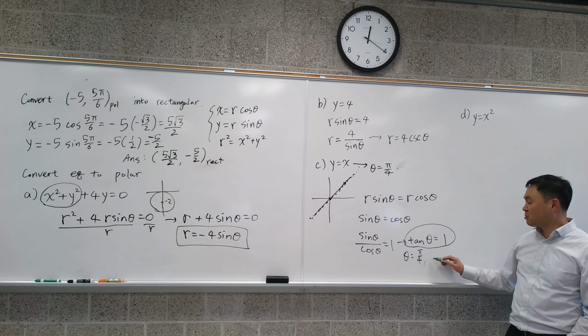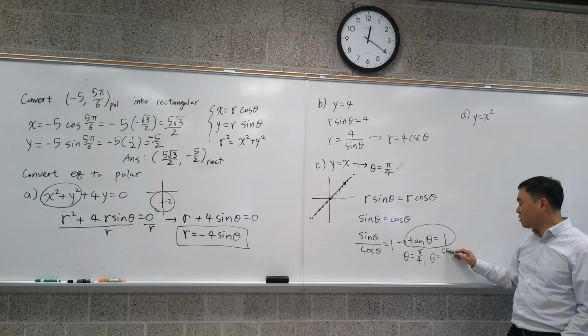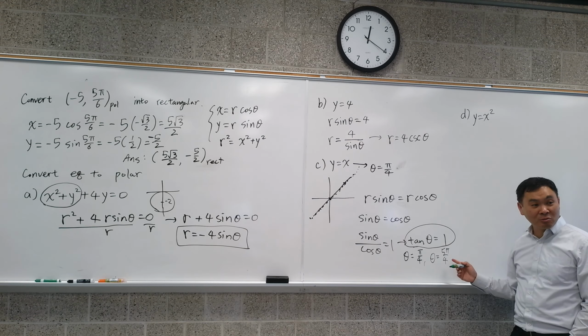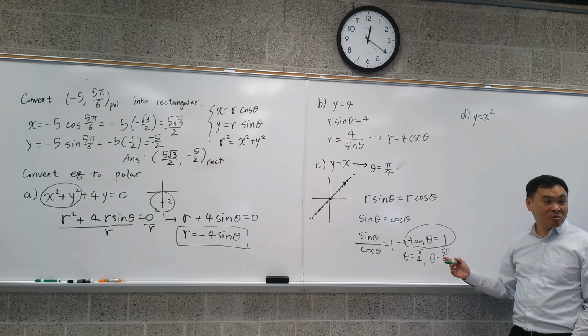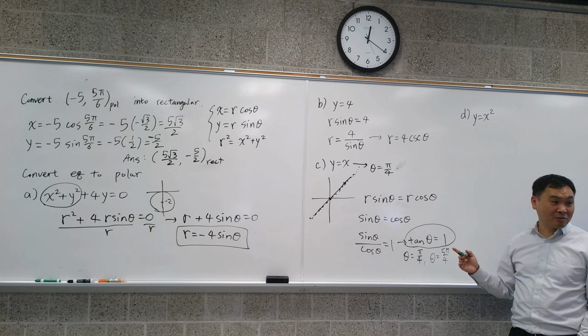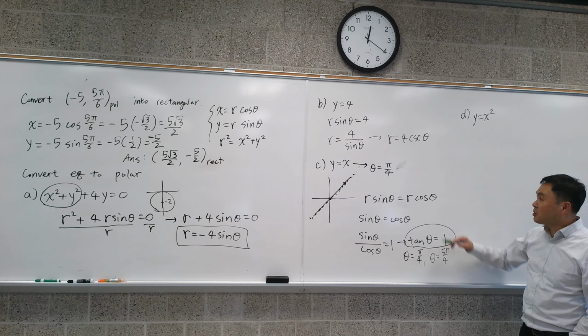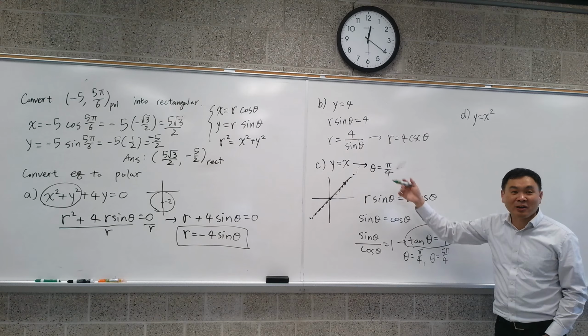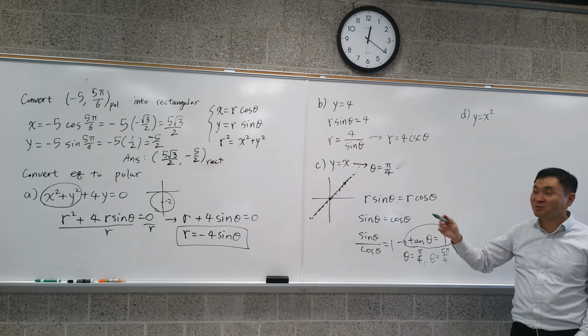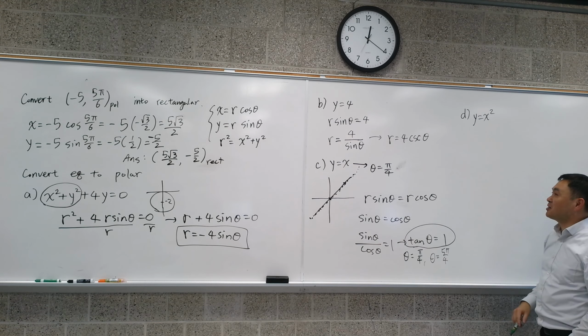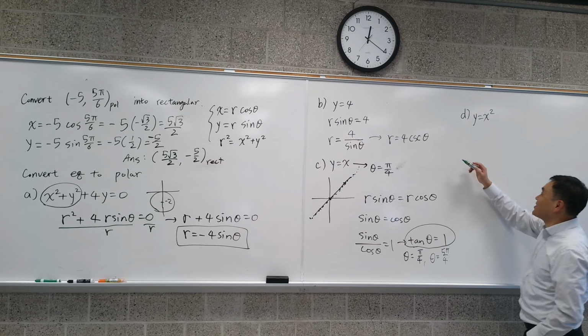You could also say theta equals 5 pi over 4. That's another possible correct answer, and there are infinitely many possibilities. But my goal for this question was just to find one equation that does the same thing. Yeah, I didn't expect that comment.